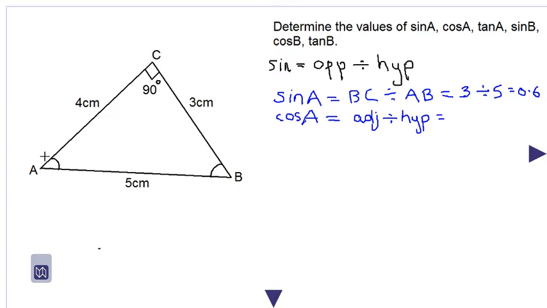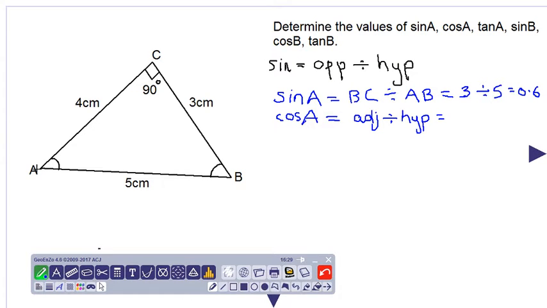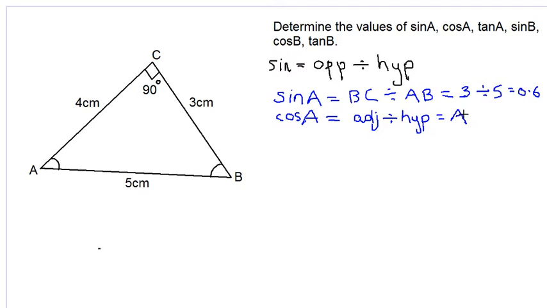So let's stand where A is by angle A and look for the adjacent side. So the adjacent side is the side which is closer to angle A, excluding the hypotenuse, which is constantly 5 centimeters. So the adjacent will be AC, and I will divide that by the hypotenuse, which is AB.